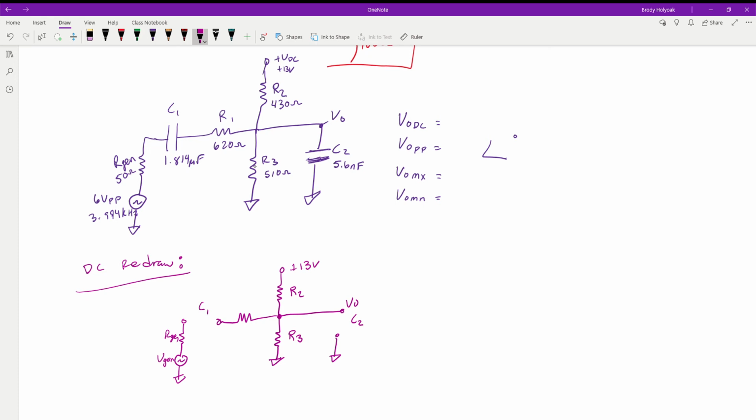So our generator is not going to be in the equation. R1 is not going to be in the equation because it's connected to an open, so it's just hanging out. Capacitor 2, we don't even need to worry about that because it's an open. So what we're left with is just simply our generator for our DC power supply.